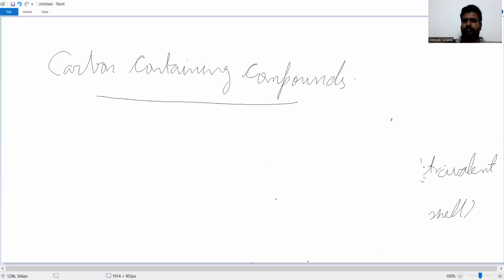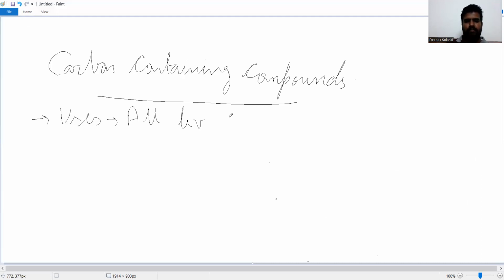Then we should first discuss its uses, where we use carbon. First of all, carbon is present in all living organisms.